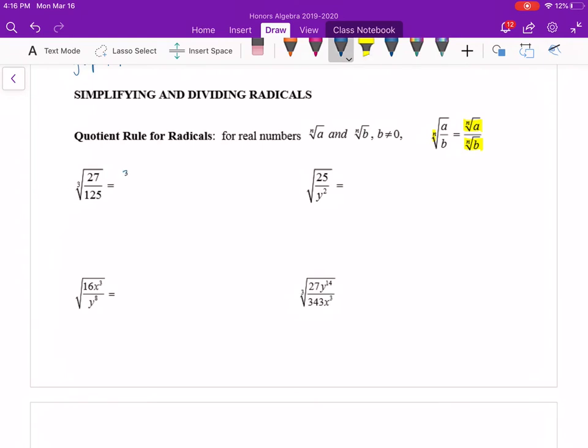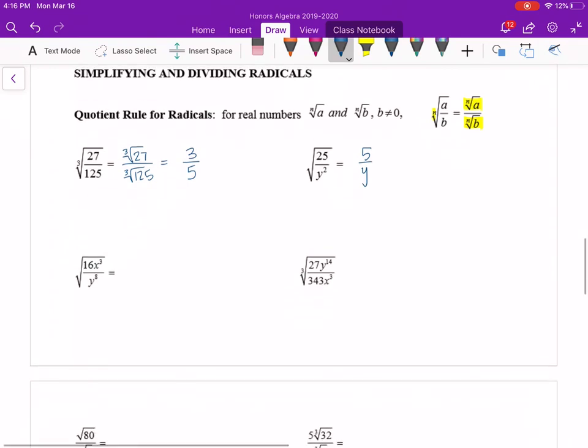So for the first one, this is just the same as the cube root of 27 and the cube root of 125, which is 3 and 5. So we end up with 3/5. So the only difference, this one is going to be perfect. Again, I'm assuming all variables are positive at this point. If you have leftovers, right, if you don't have a perfect square, that's okay.